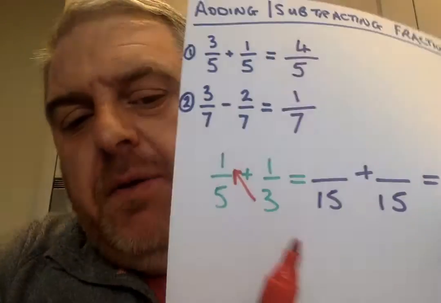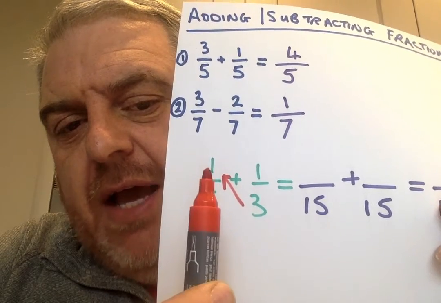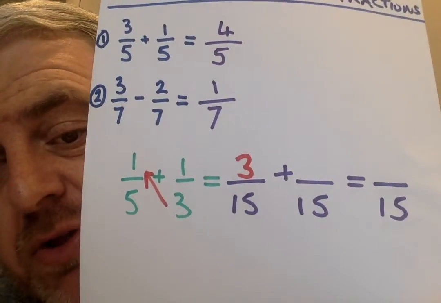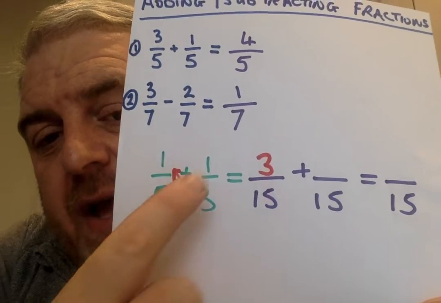We're then going to do something called cross multiplying. So the first value I'm going to do is this, which is 3 times 1, which gives me the number 3. Okay, we're then going to cross multiply the other way, which is 5 times 1.